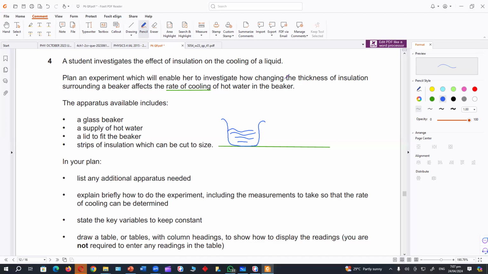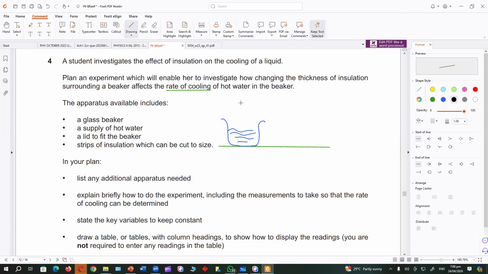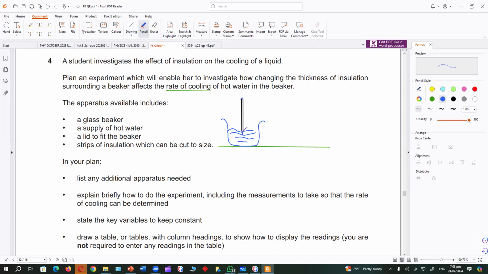It looks to be strips. This is the thermometer and we have to put insulation around it.